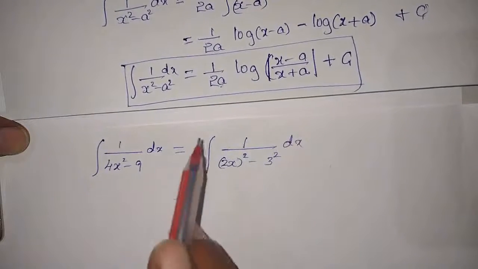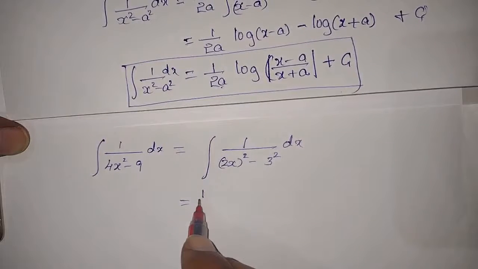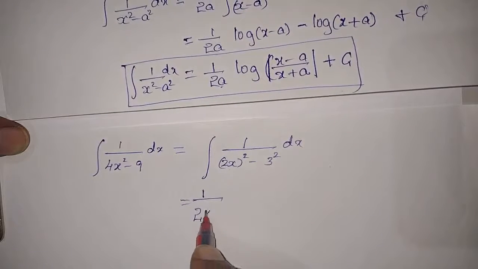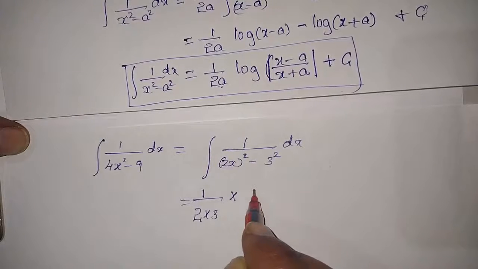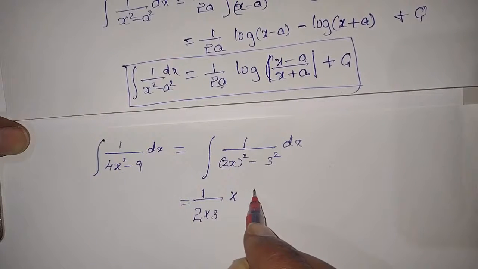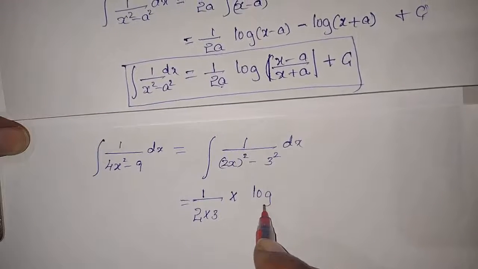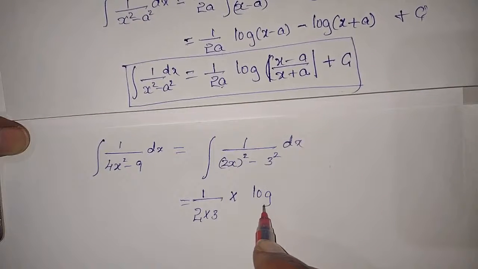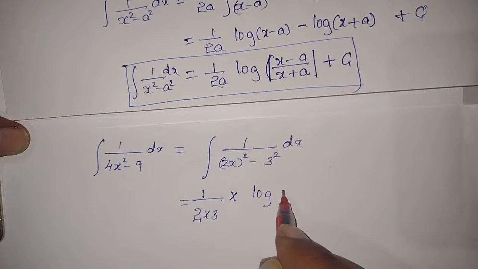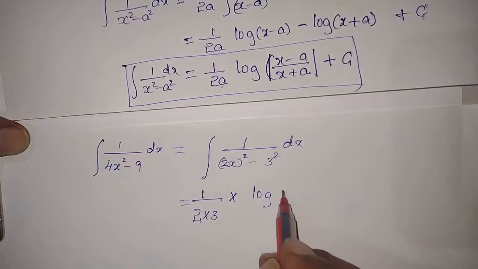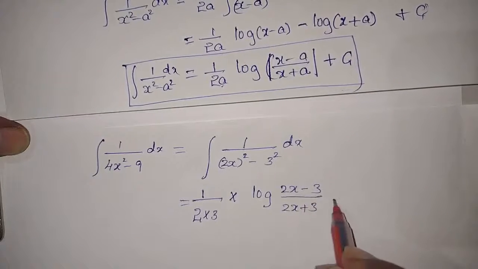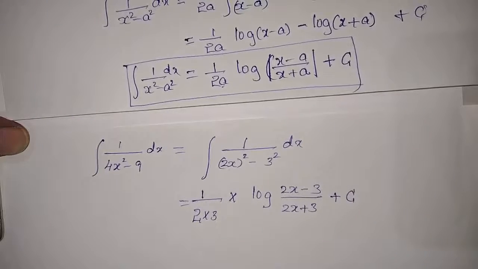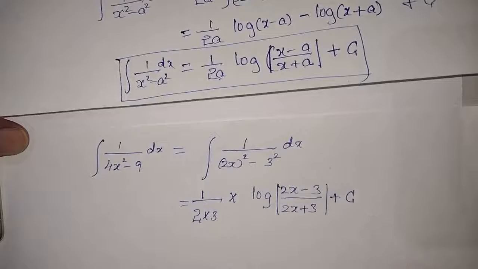By substituting into this equation, it is 1 by 2 into a, which is 3, into log of x minus a by x plus a. Is it right? Yes. So 1 by 2 into 3 log of 2x minus 3 by 2x plus 3, plus c. This is the required solution.